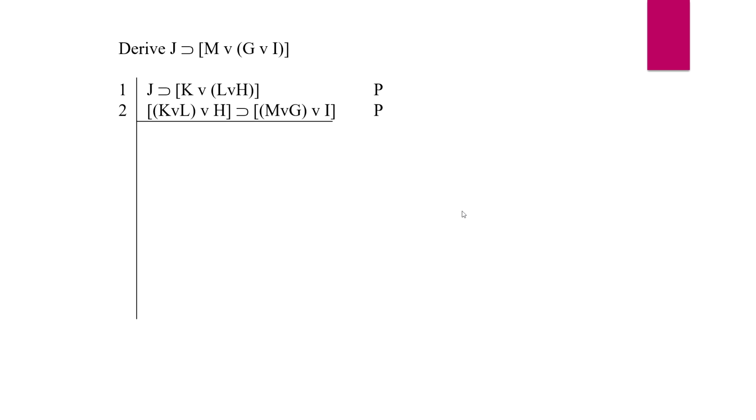But when we look closer, we see that those sentences aren't the same, right? We have K or L or H, and then in the second one, we have K or L or H, right, with those parentheses.